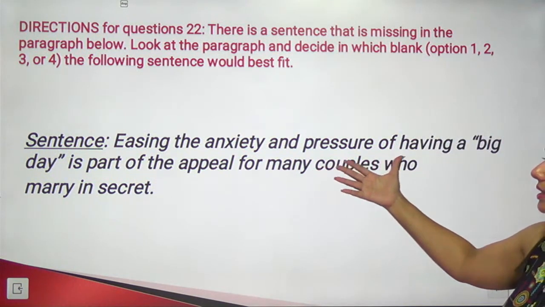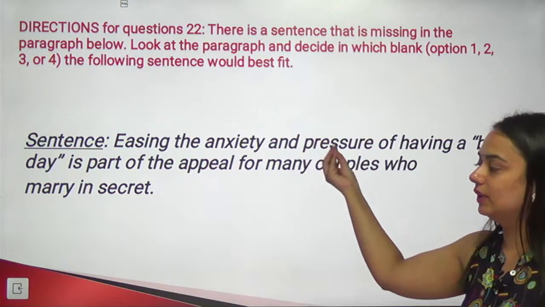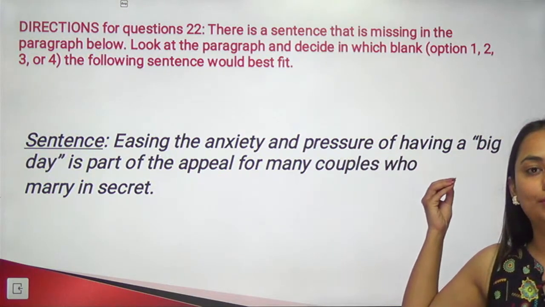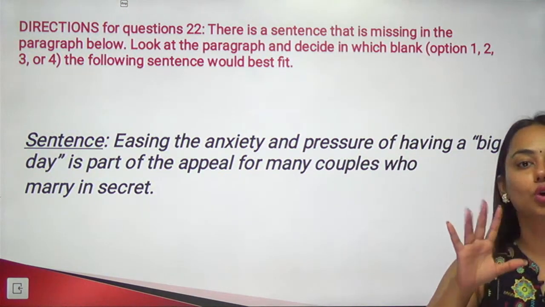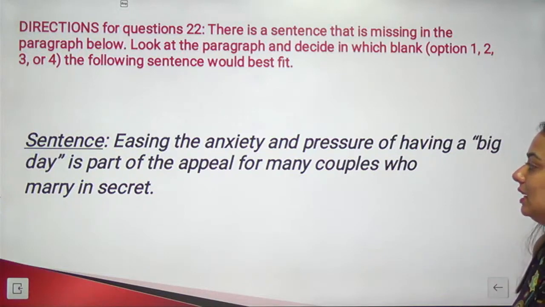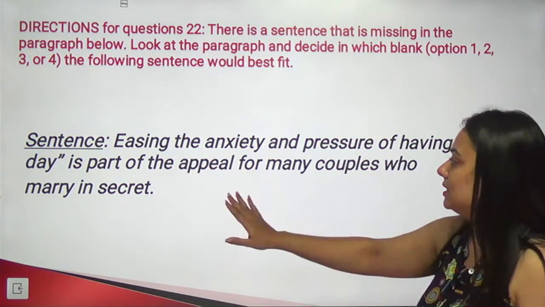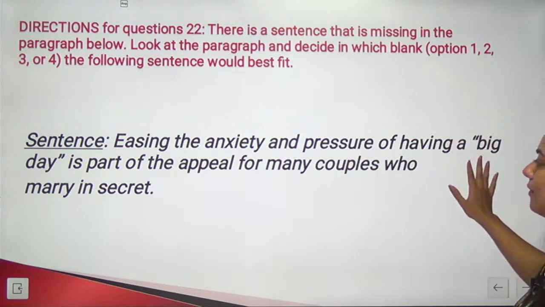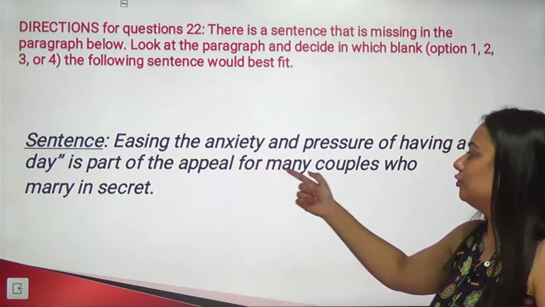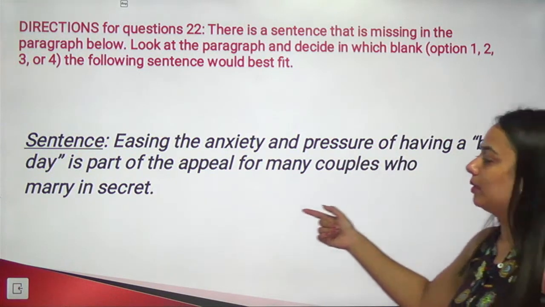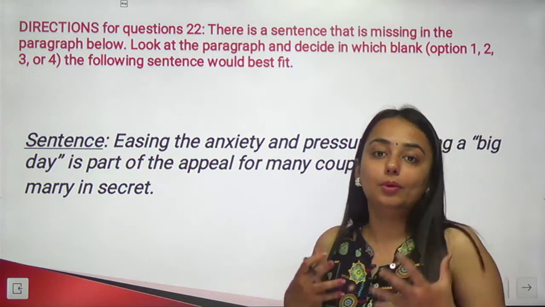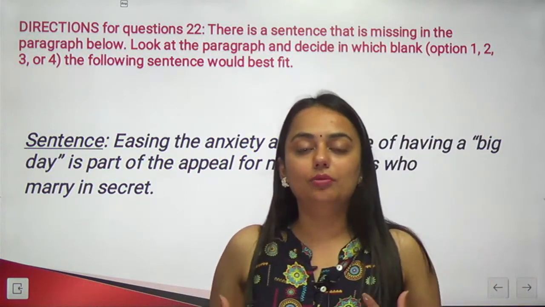Read the sentence again and understand its meaning, then we will move on to the passage, understand its meaning as a whole, and see where we can fit it. "Easing the anxiety and pressure of having a big day is part of the appeal for many couples who marry in secret." Why do they marry in secret?